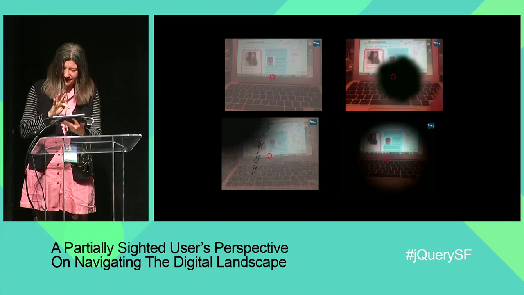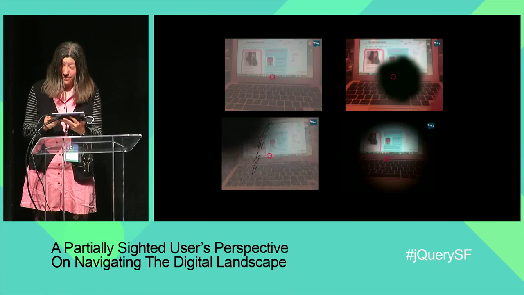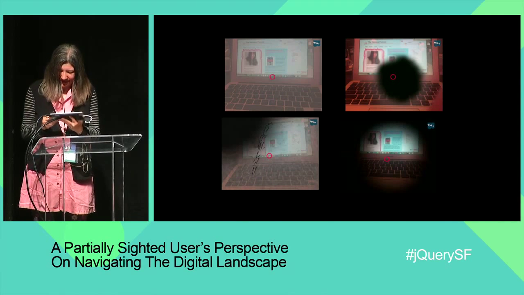So the first picture is of my computer seen through the lens of somebody who has cataracts. So it's very blurry. The second picture, the one to the right, is seen through the lens of somebody with macular degeneration. So it's not really blurry, but the issue here is that they don't have central vision, or sometimes they don't have peripheral vision. They have the blind spots.